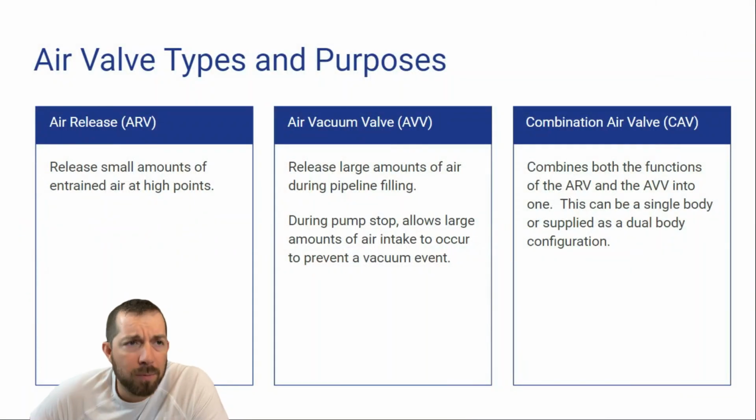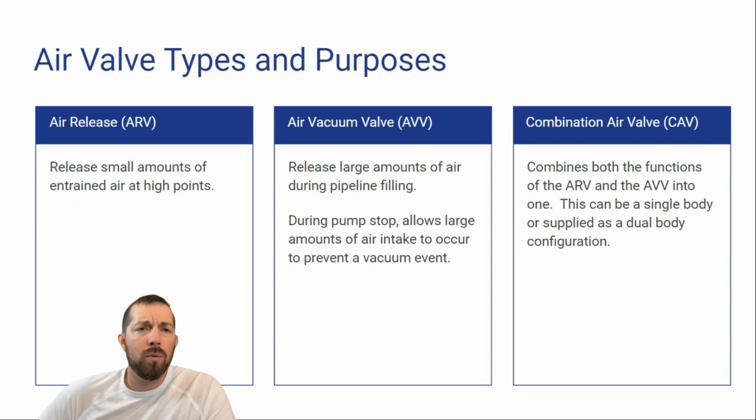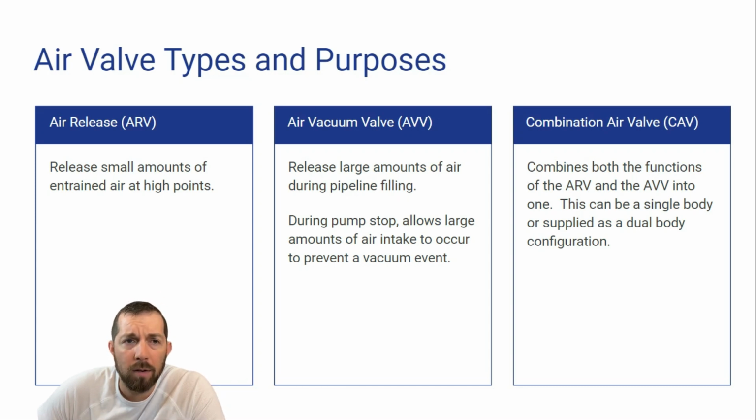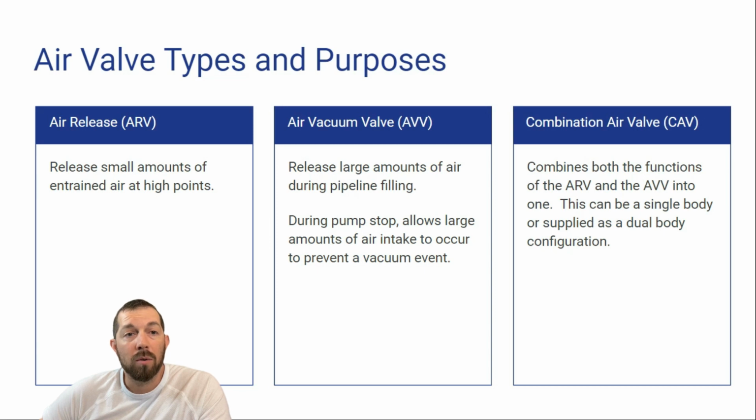So air valve types and purposes. There are three main air valves commonly used in the municipal side of things, both water and wastewater. We have our air release valves. These are basically releasing small amounts of entrained air at the high points. We have our air vacuum valves. These release large amounts of air during pipeline fill, during pump stops, which allows large amounts of air intake to occur to prevent a vacuum event.